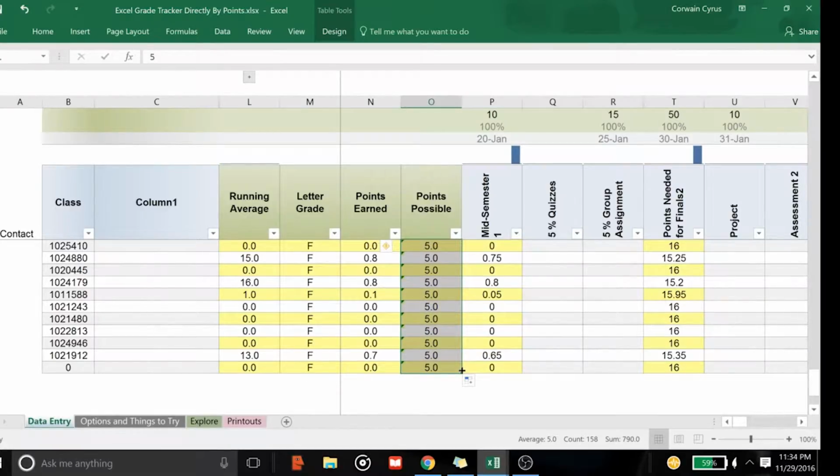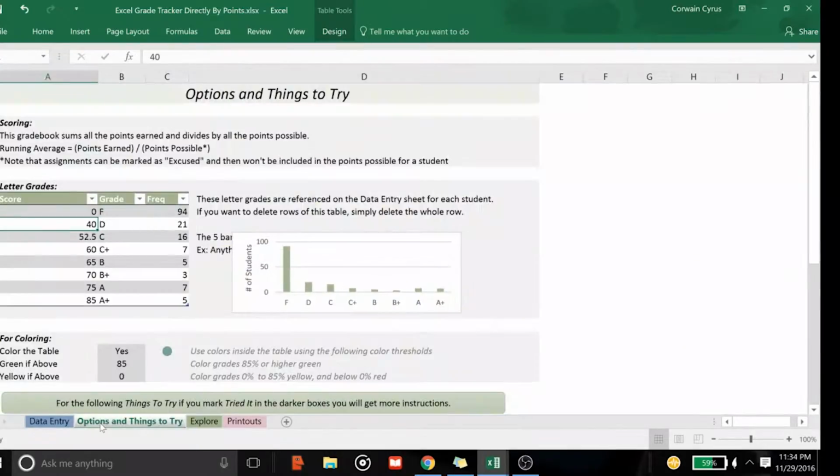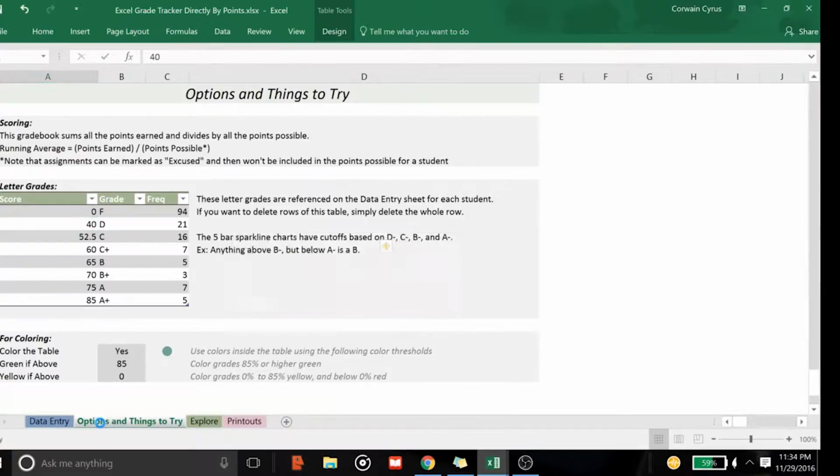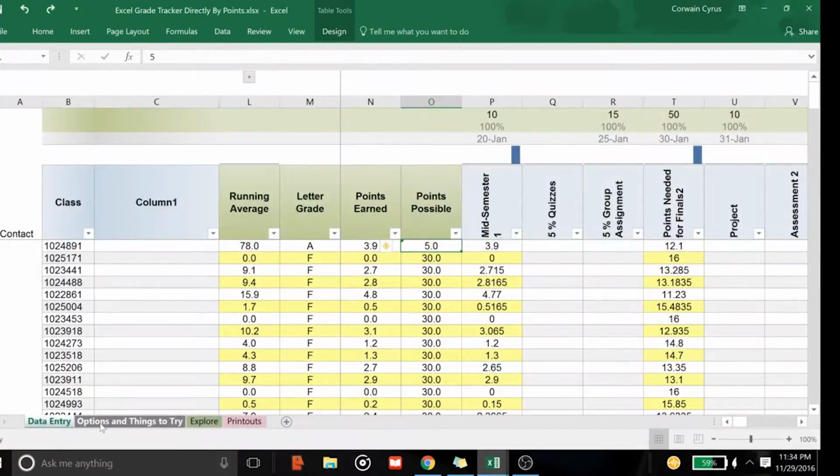If you do that, this would be the result. Yes, that's what the class did for mid semester 1. So yes, could we remove that ugly thing very quickly?